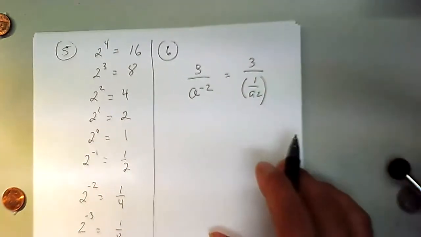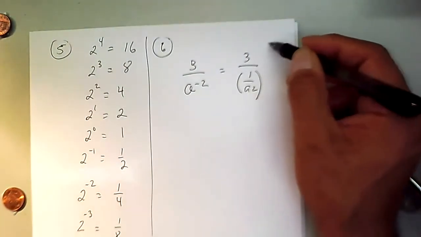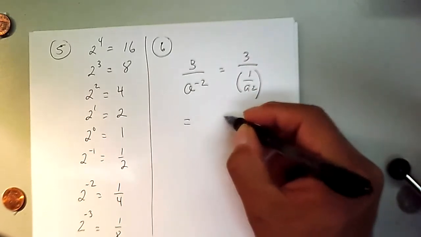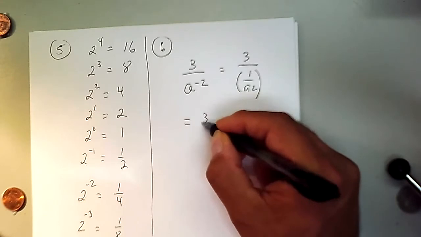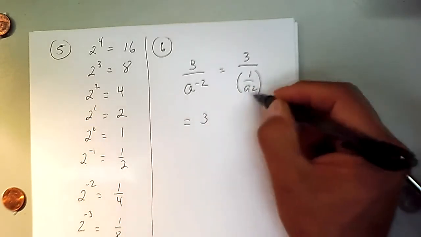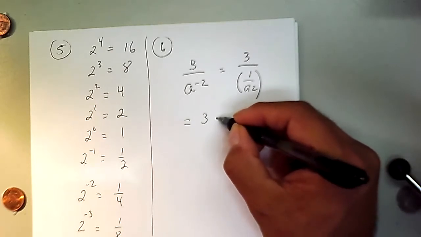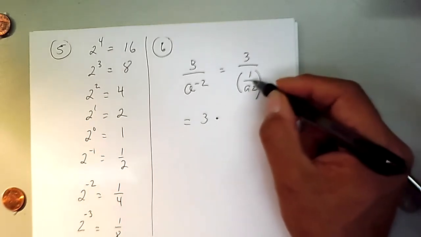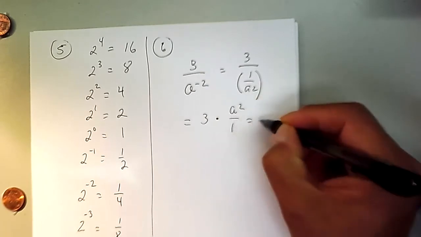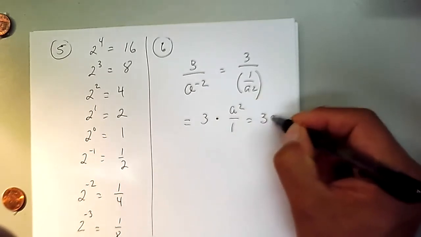I'll elaborate on that in a moment, but let's finish this up. So this is 3 divided by this fraction. When we divide by a fraction, we multiply by its reciprocal. The reciprocal of 1 over a squared is a squared over 1. So that is simply 3a squared.